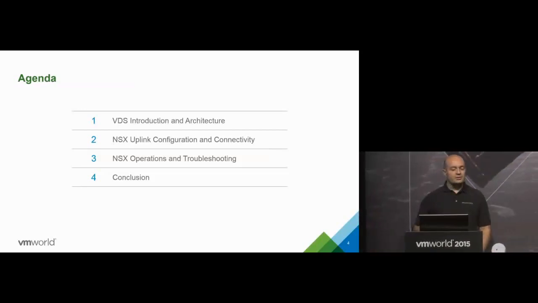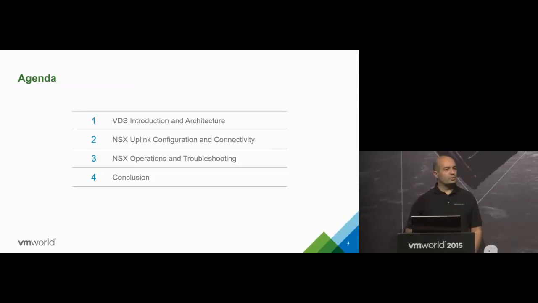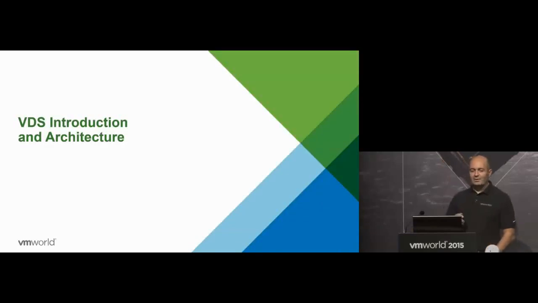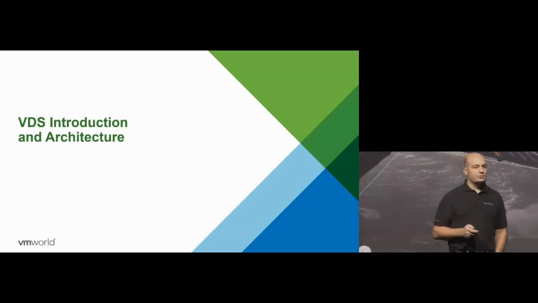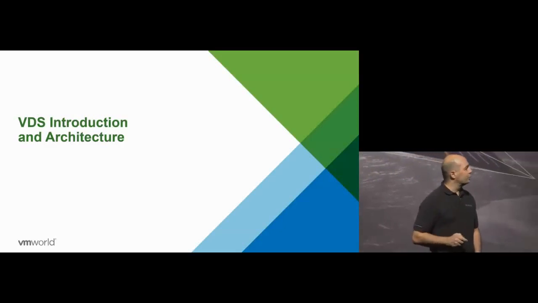The third part is going to be focused on operation and troubleshooting, and Shahzad will take over for this before presenting a very short conclusion. So without wasting any additional time, let's start with a vDS architecture. It's a very high-level introduction.